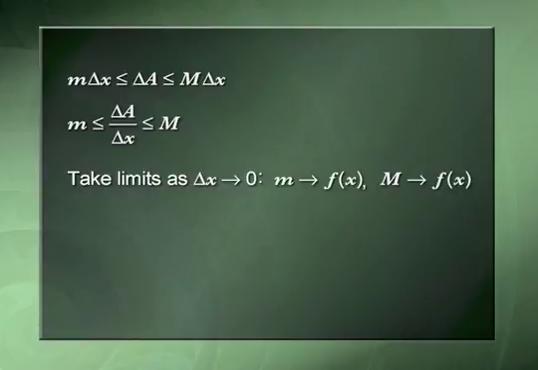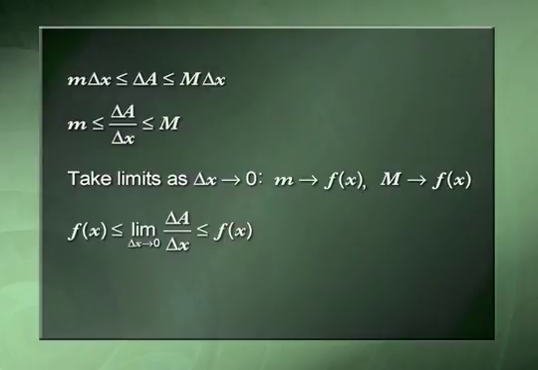What does that mean the thing in the middle approaches? Well, it's kind of in a sandwich here. We call this the squeeze theorem or the sandwich theorem. We have f of x less than or equal to the limit as delta x goes to 0 of delta a over delta x less than or equal to f of x. Hello, it's in between the two of them. It must be equal to them.